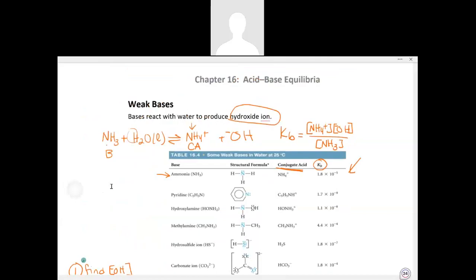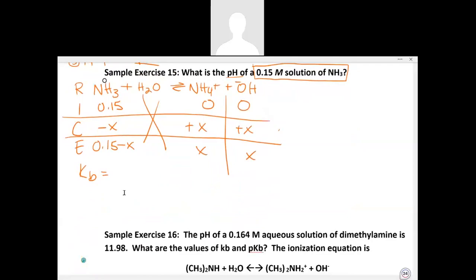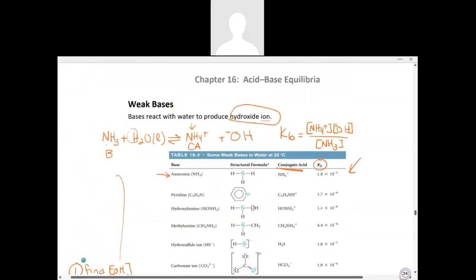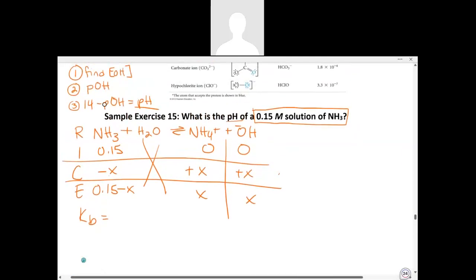We're going to use the Kb value of 1.8 times 10 to the negative 5 to solve for x here. And since that is such a low value, we do not have to do the quadratic formula for this problem, as we've been able to avoid commonly in the past. So we have 1.8 times 10 to the negative 5th equal to x squared over 0.15 minus x.